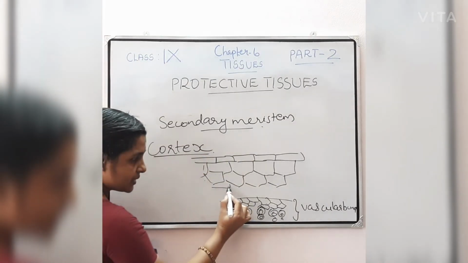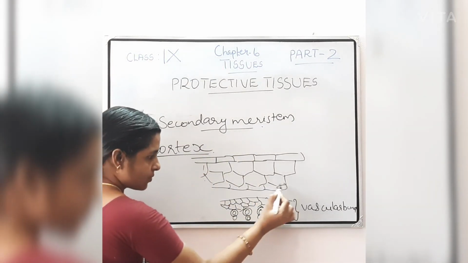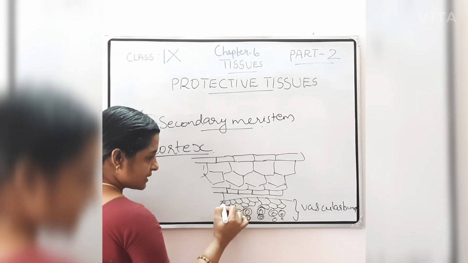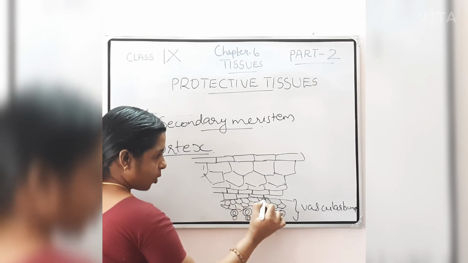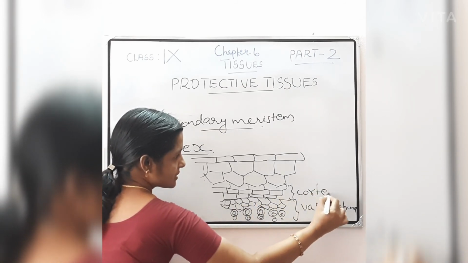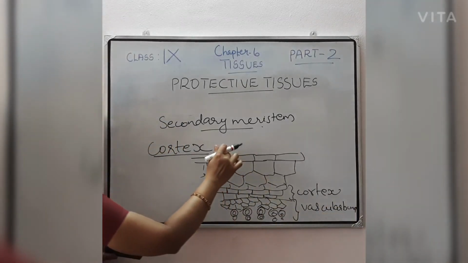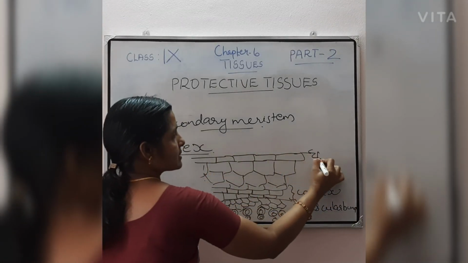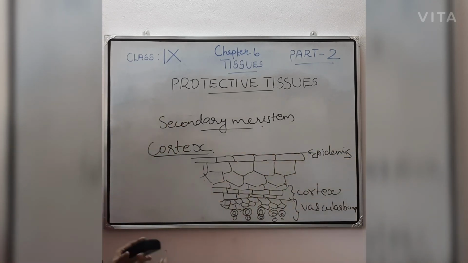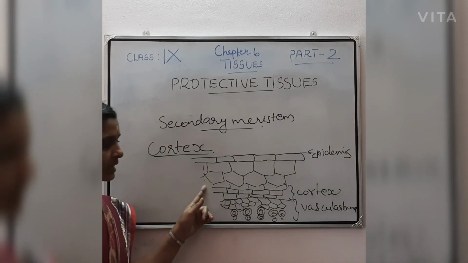region, here you can see a layer of cells. This layer of cells or this region is known as the cortex region. So here it is the epidermis; below the epidermis different layers of cells are there.